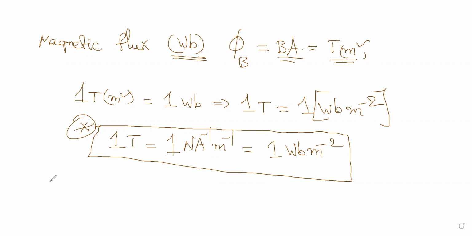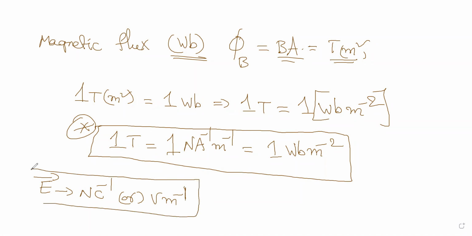And the electric field, as you all know, is Newton per Coulomb or volt meter inverse, volt per meter. These two you have to remember. I'm writing the units side by side so that you will understand the difference.